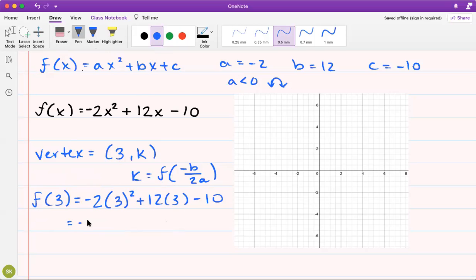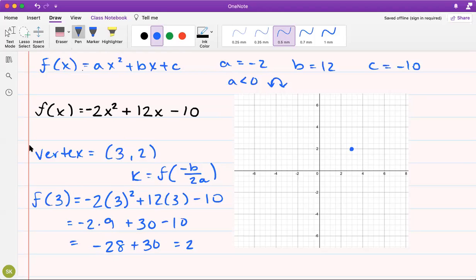Looks like we're going to get negative 2 times 9, plus 30 minus 10. So this is negative 18 minus 10, that's negative 28, plus 30. And we get 2 for the k value. So let's plot this point. This is (3, 2), so right here. And the graph is pointing downward.